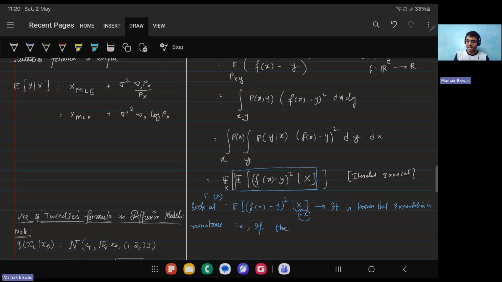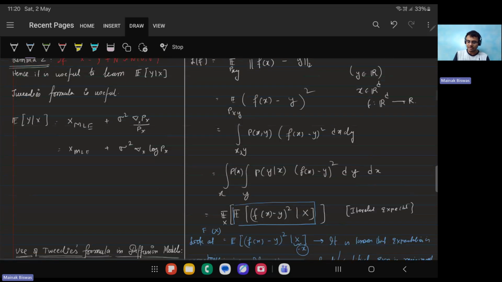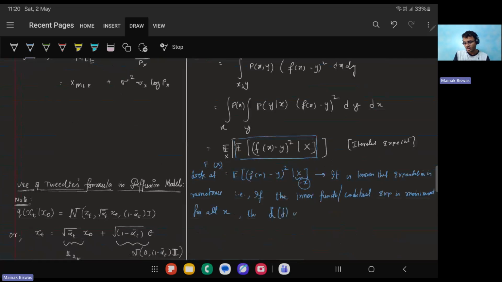right? As the expectation is monotonic, it is known if the inner function or conditional expectation is minimized for all x, then the overall outer expectation, that is L of f, is also minimized. It's very easy to show, right?